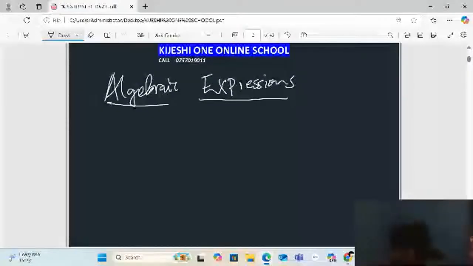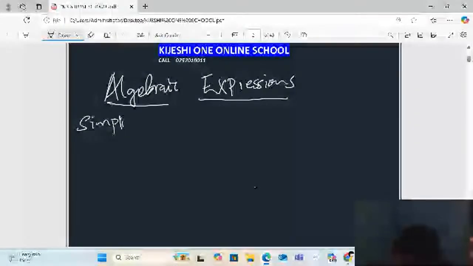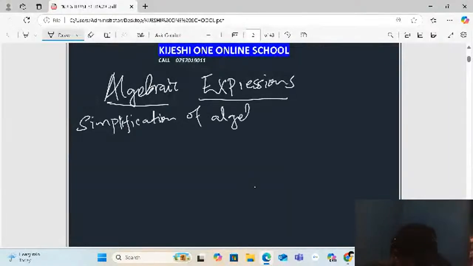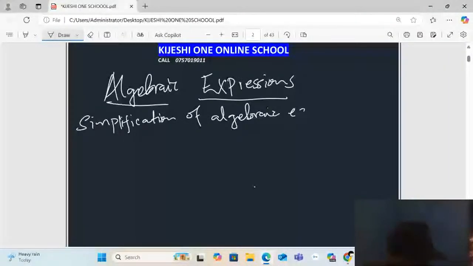Now, we're going to start with the simplification of algebraic expressions. How to simplify algebraic expressions.